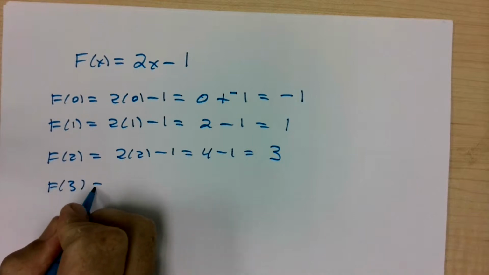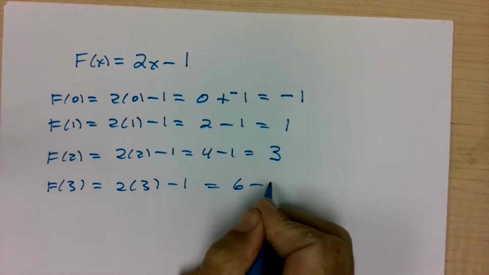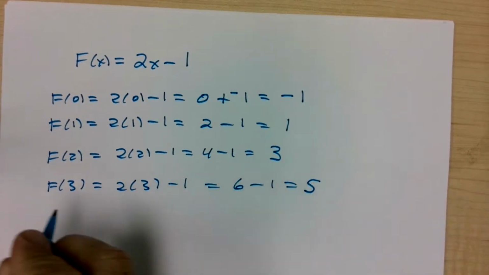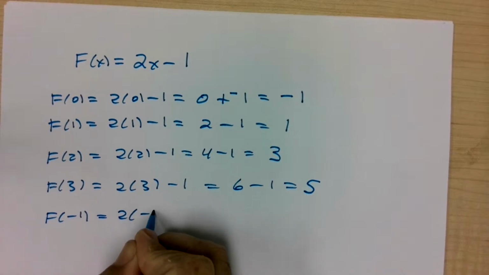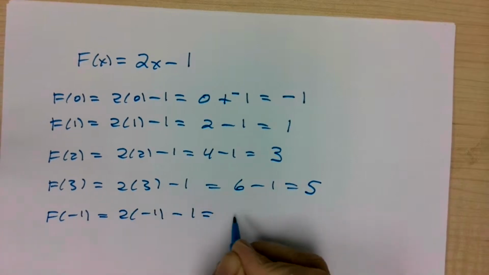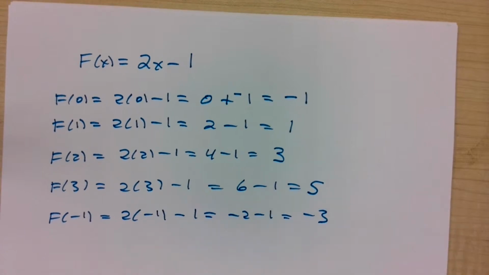F of 3 is 2 times 3 minus 1, which is 6 minus 1, which is 5. How about some negative numbers? F of negative 1, 2 times negative 1 minus 1, negative 2 minus 1, which is negative 3.